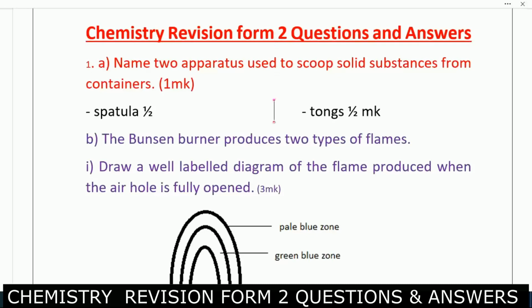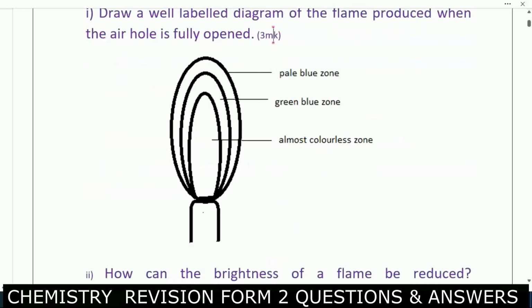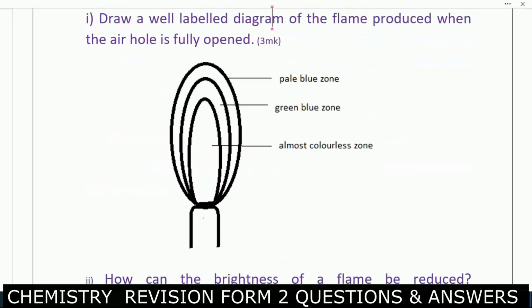Draw a well labeled diagram of the flame produced when the air hole is fully opened. When it is fully opened, it produces a non-luminous flame, and it has the zones that you can see we have drawn. It has a pale blue zone, a greenish blue zone, and then an almost colorless zone.